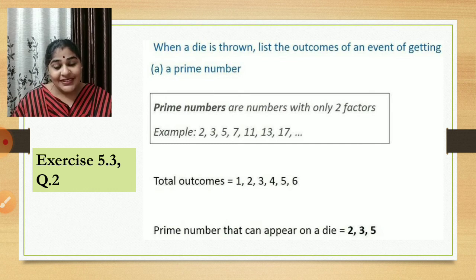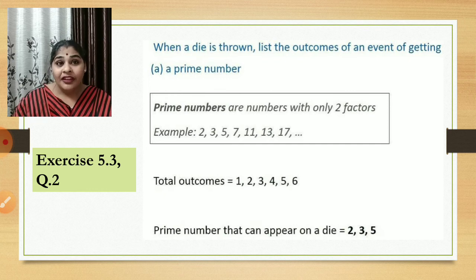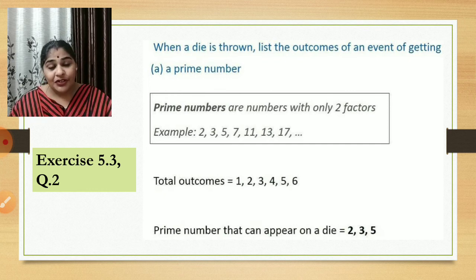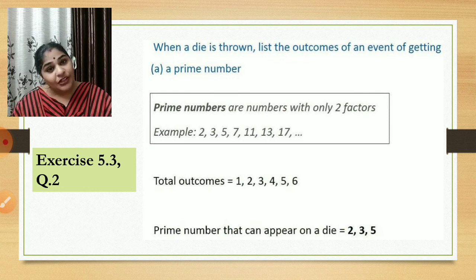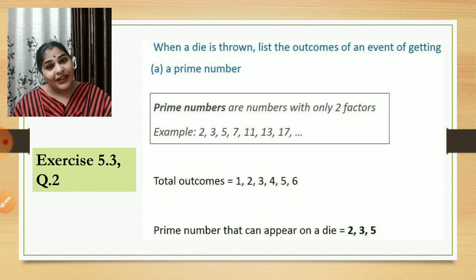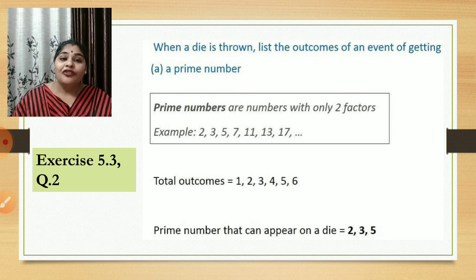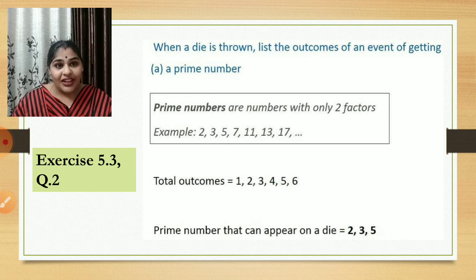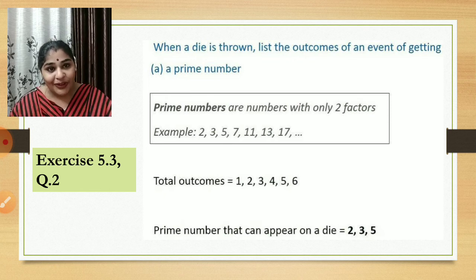Moving to our next, that is exercise 5.3, question number 2. When a die is thrown, list the outcomes of an event of getting, first one, a prime number. Now you have already studied, children, in earlier classes what a prime number is. Prime numbers are the numbers which have only two factors, that is 1 and the number itself. For example, 2, 3, 5, 7, 11 and so on. Right?